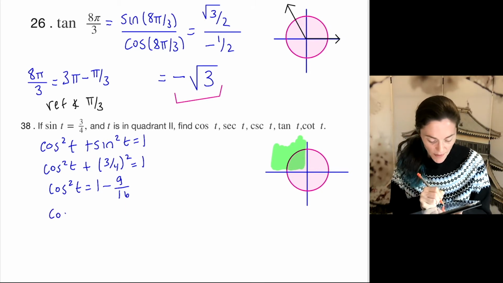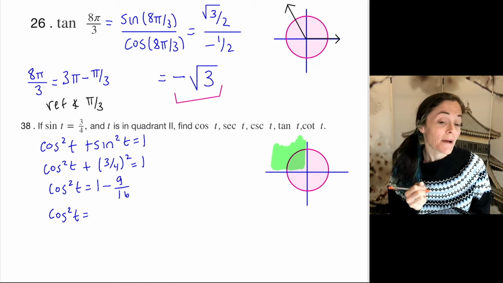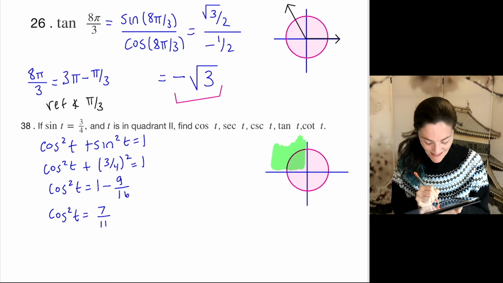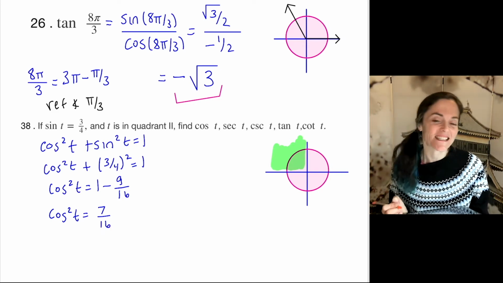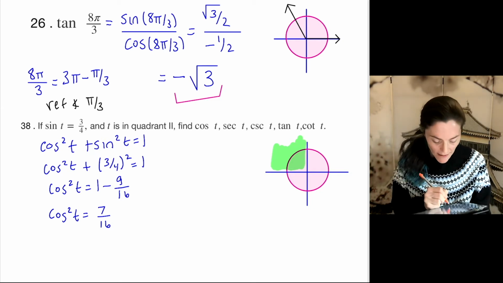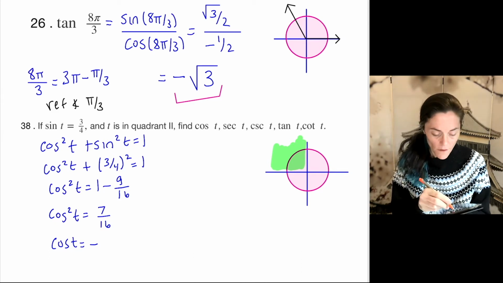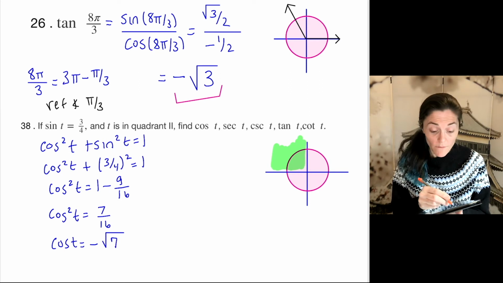One more step, we have cosine squared t. This would be 16/16 minus 9/16, which is 7/16. Now here's where I need to use my quadrant because I'm in quadrant 2. And here the cosine is negative. So cosine t is going to be negative the square root of 7 divided by 4.